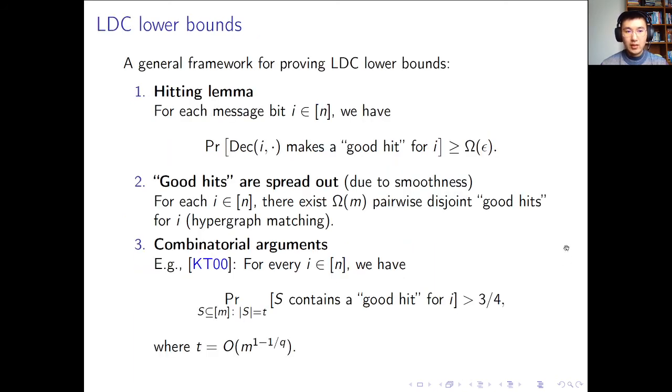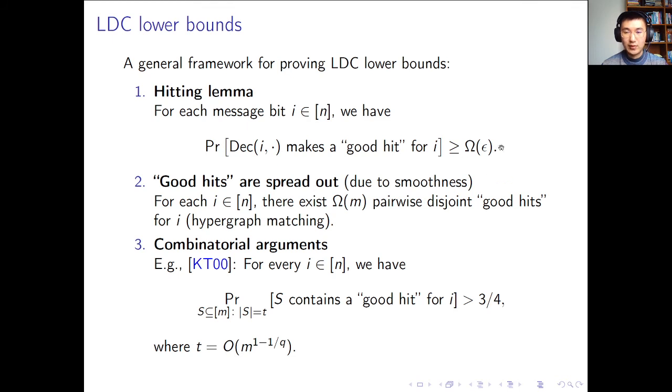So here's a general framework for proving LDC lower bounds. It's going to be a 3-step process. In the first step, we'll prove a hitting lemma, which says that for each message bit i, the probability that the decoder for i makes a good hit for i is at least some constant that depends on epsilon.